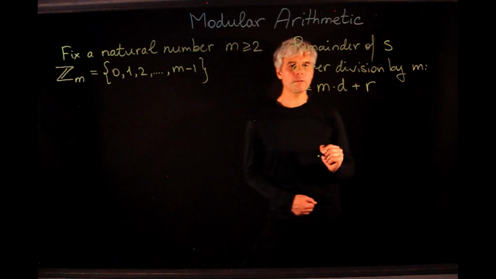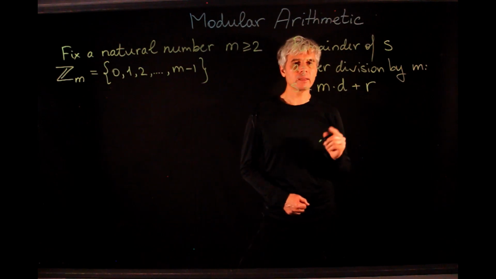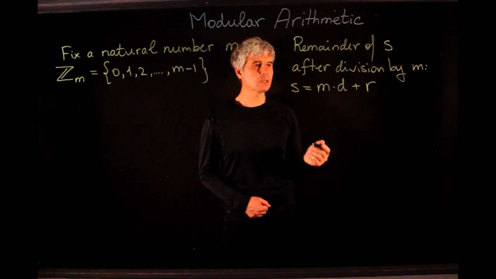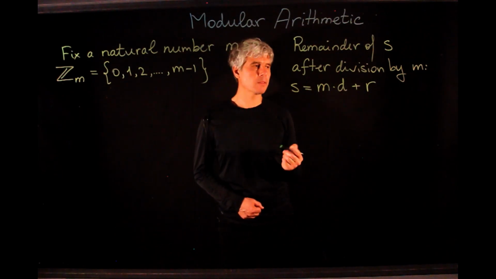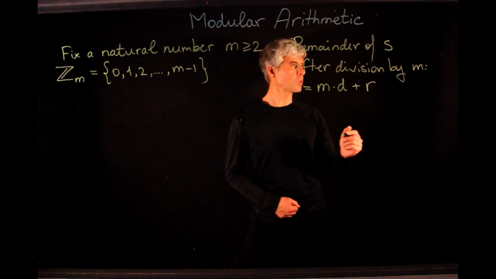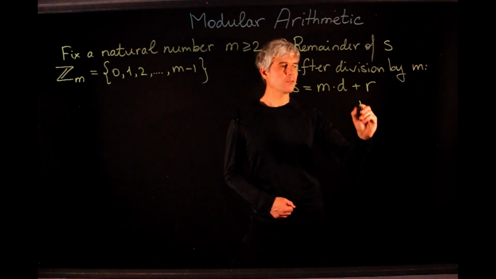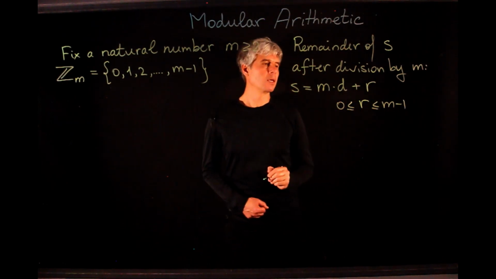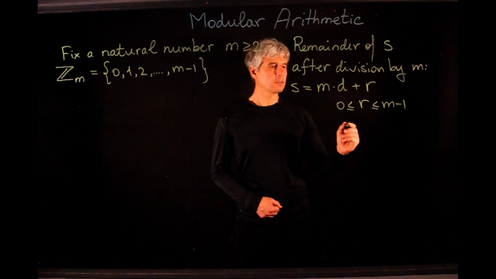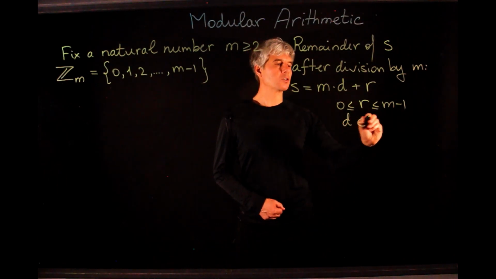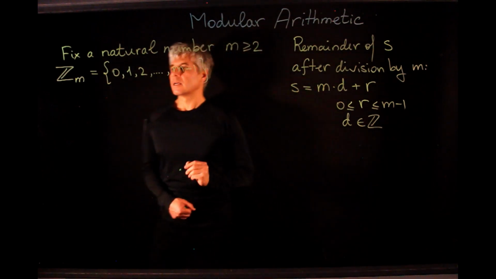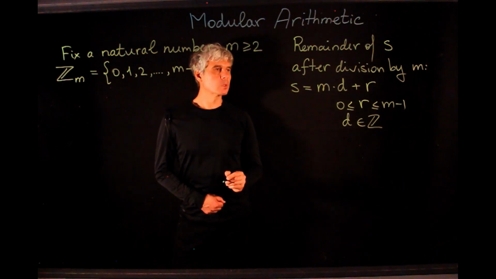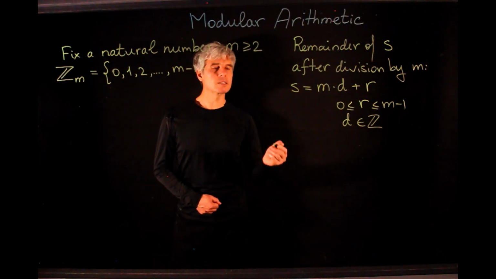Right? So if s is positive, then we can repeatedly subtract m from s until we get the result which is strictly less than m. And so when we do this, we get that the value of r will be between 0 and m minus 1. And so d here is an integer. So this applies not only to positive numbers, but also to negative numbers.